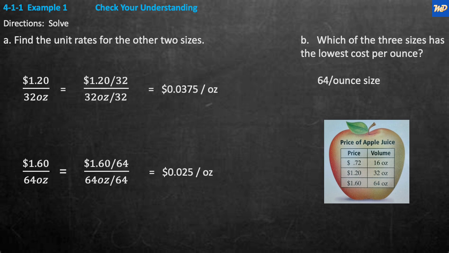Okay, I'm assuming you've taken the time and done this on your own, so let's look at it. For the $1.20 bottle, the 32-ounce bottle of apple juice, we have $1.20 per 32 ounces, and we want to convert that into a unit rate, something per single ounce, per 1 ounce.